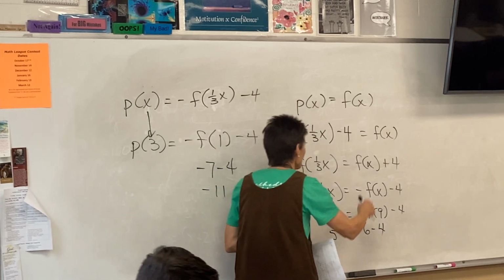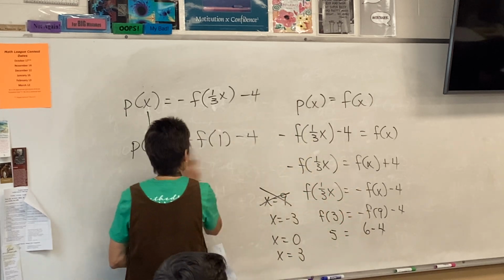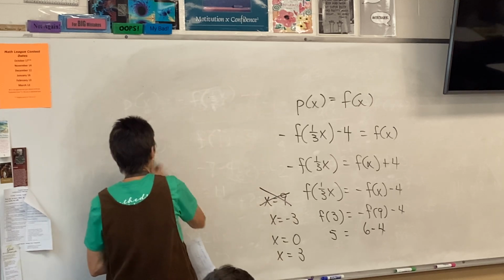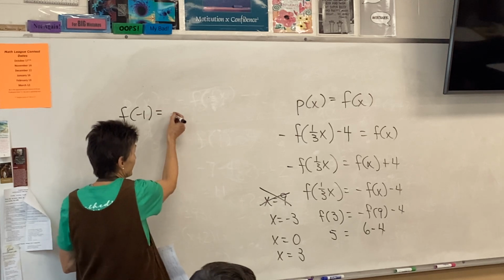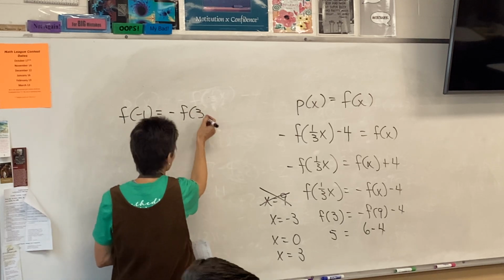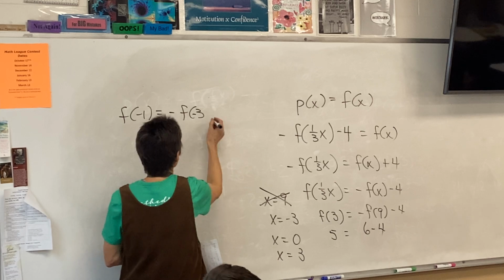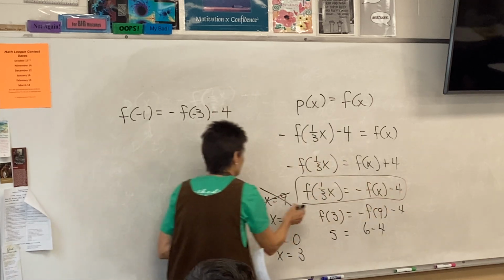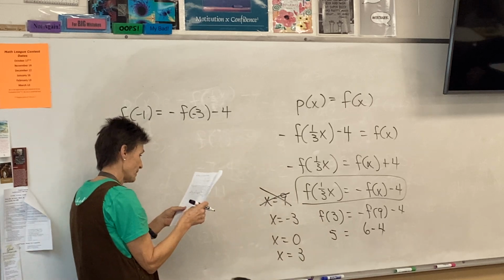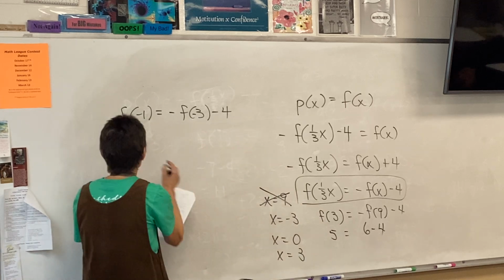So negative 3 would say, if I let x be negative 3, it will say f of negative 1 equals negative f of negative 3 minus 4. So what's f of negative 1? Negative 5.